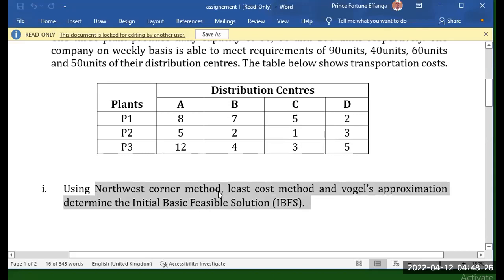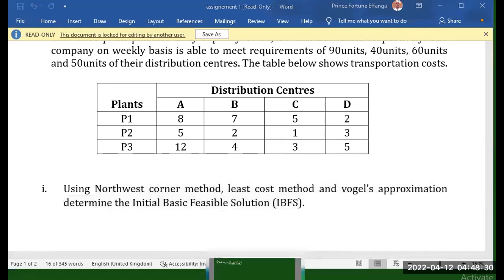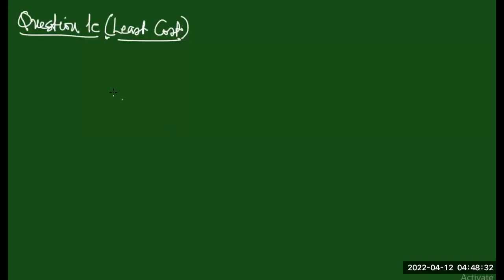We've done the northwest corner. We are doing the least cost now. Okay. So for the least cost, I think it's the first one that you just finished. But I met you halfway, which made me confused of the whole thing. Okay, don't worry. You're going to have the video so you can go through it. All right, that's fine.